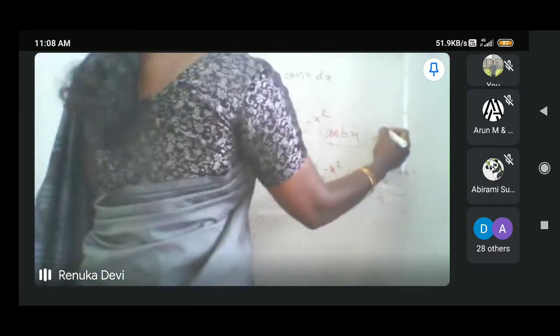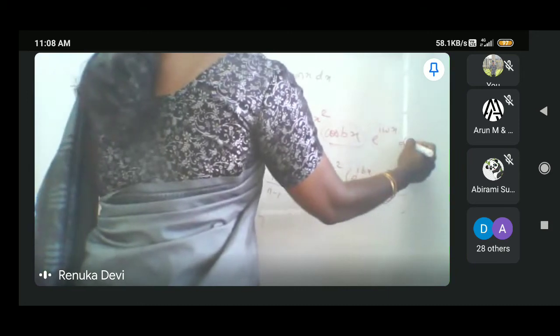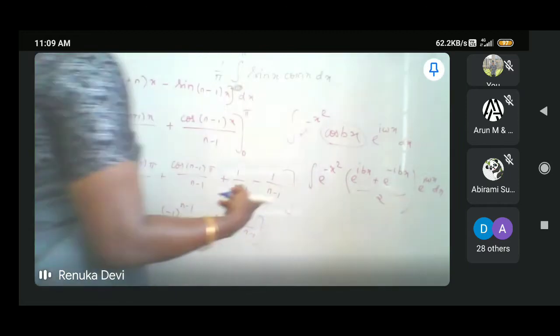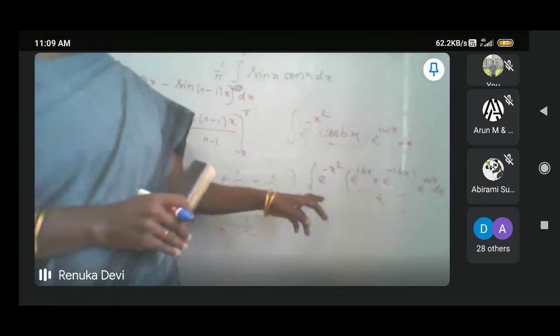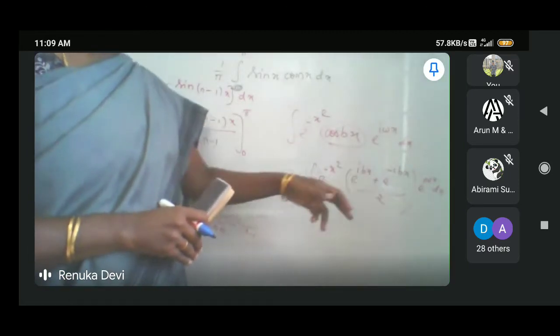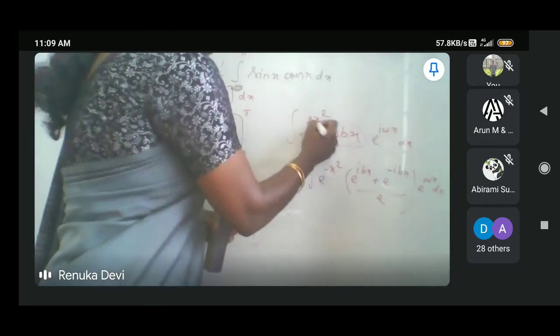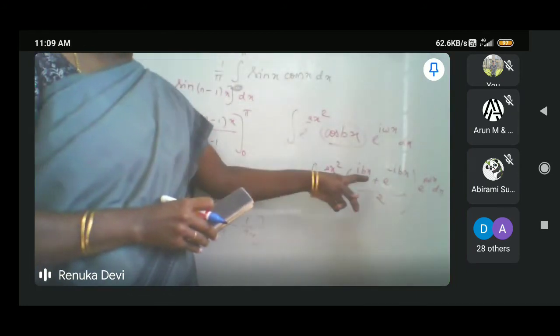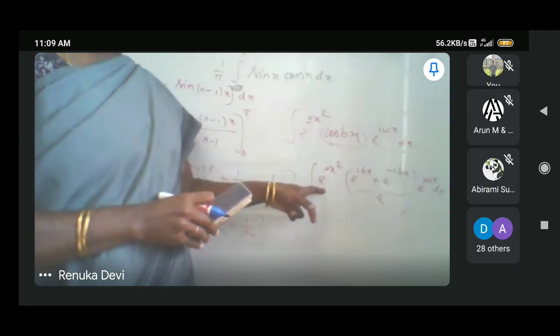You have one e power iwx dx also. Now you divide this into 2. You multiply e raised to minus ax squared, and e raised to ibx and this.